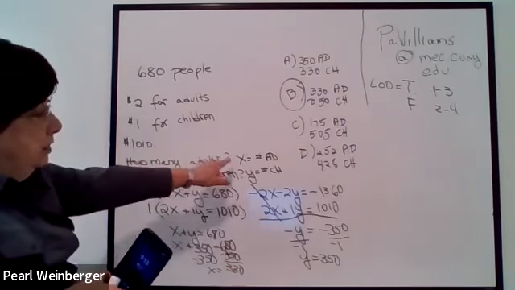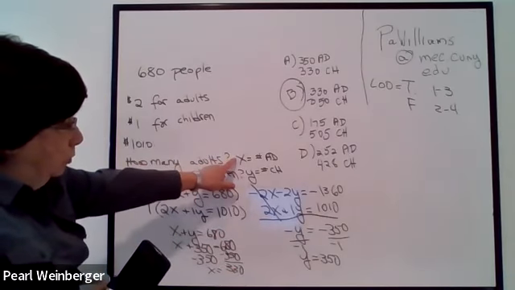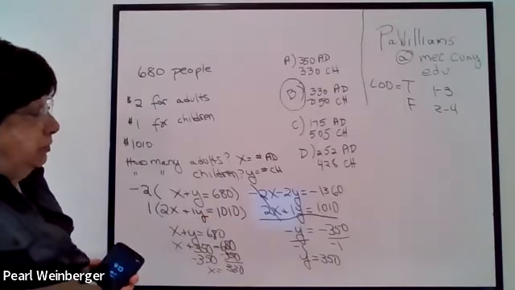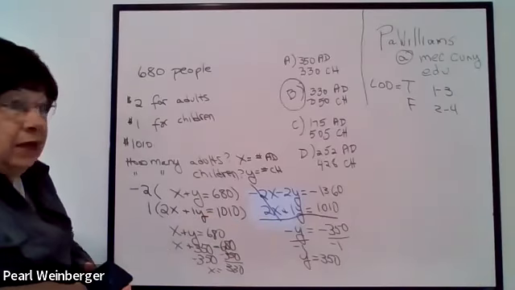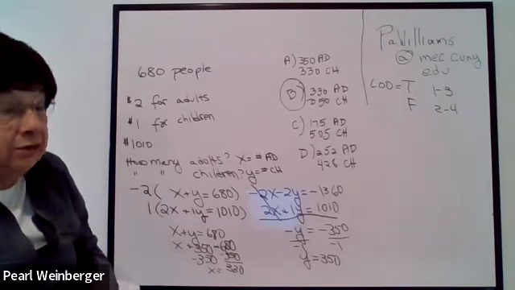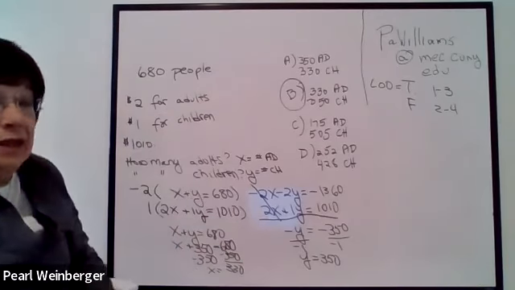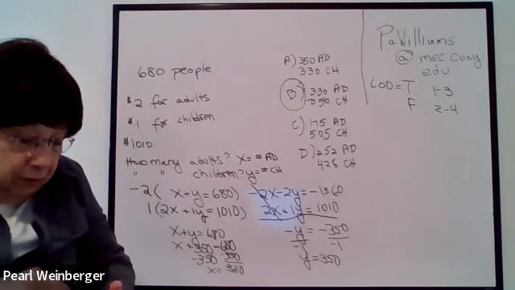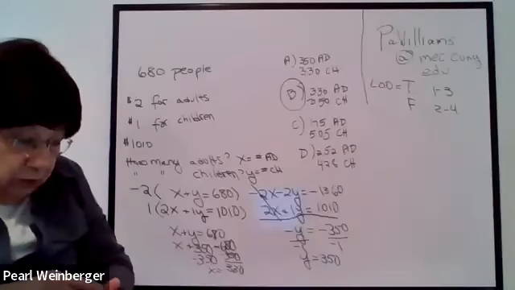See, it was a good idea that I wrote down which was my x and which was my y, because when I get to y equals 350 and I forgot that the y is the children and I think it's the adult, I would have picked choice A. And I would have done all the work correctly, but I still would have been wrong because I had made the wrong choice.